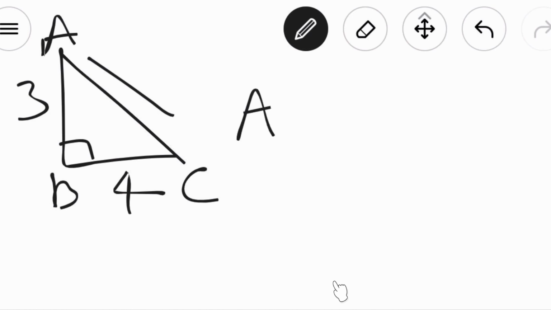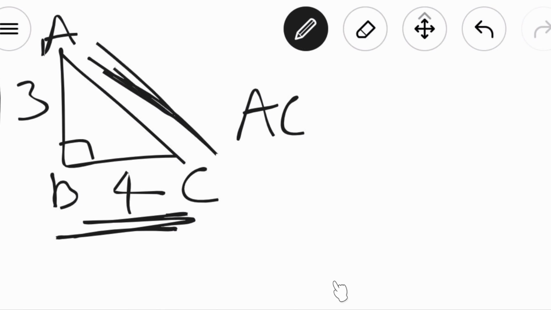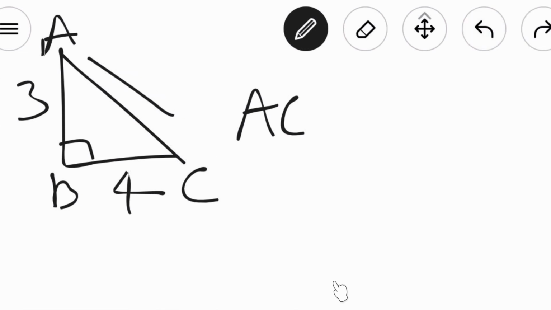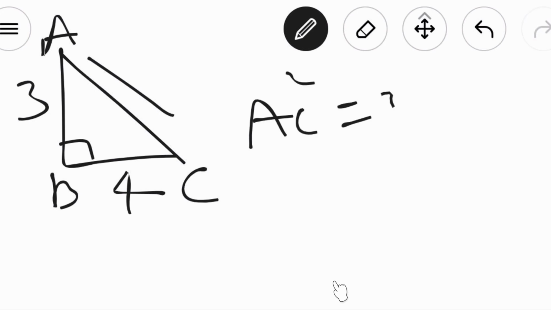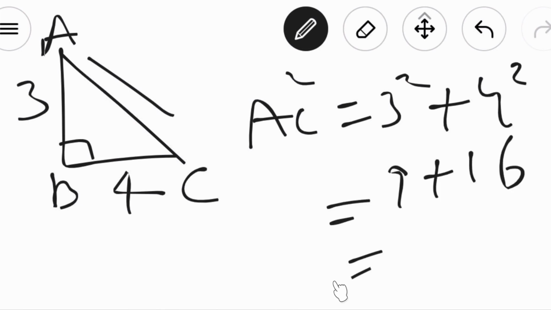As you must have learned, the Pythagorean theorem states that AB square plus BC square gives you AC square. So AC square is going to be 3 square plus 4 square, which is 9 plus 16, which is 25.